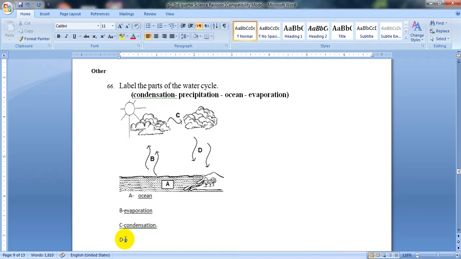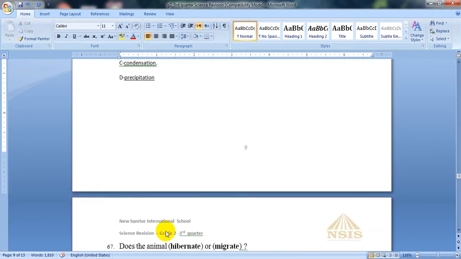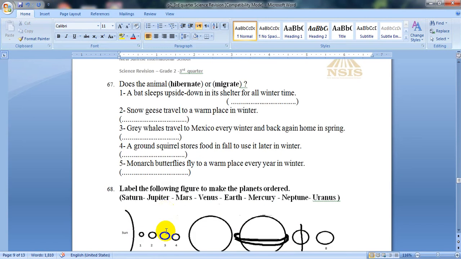It could be rain, snow, sleet, or hail. So the steps of the water cycle again are evaporation, condensation, precipitation.